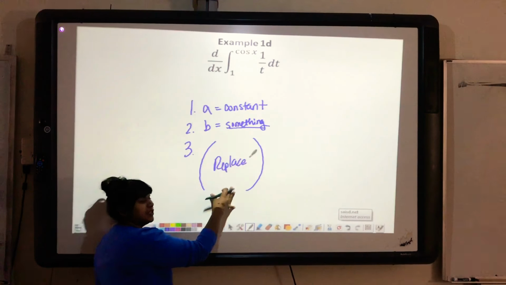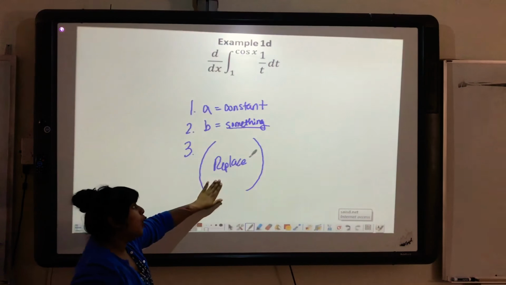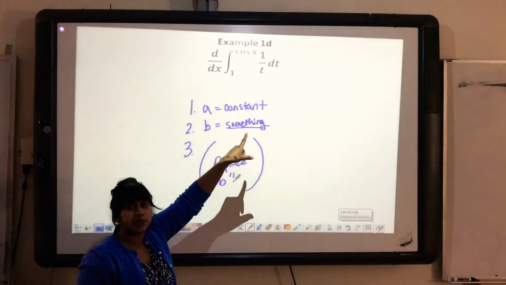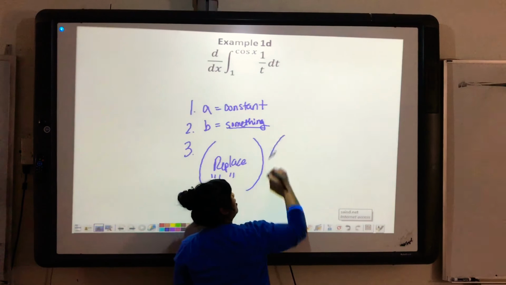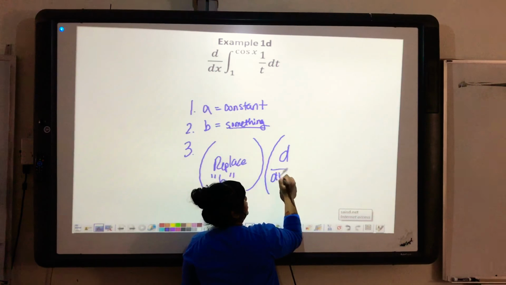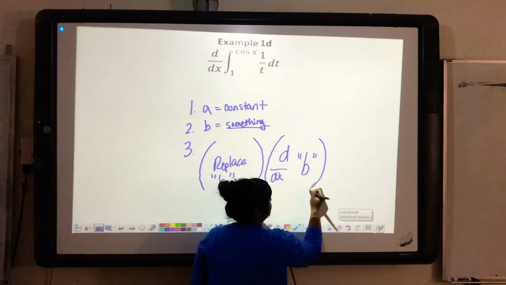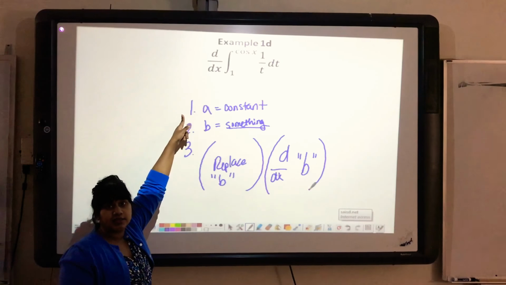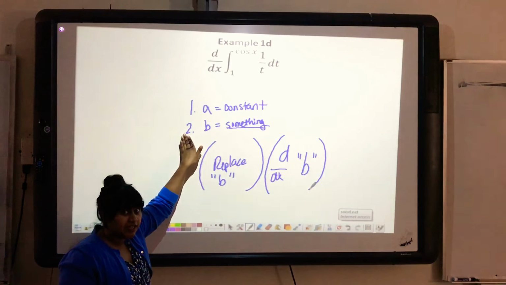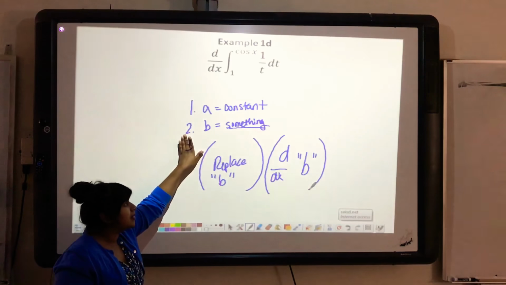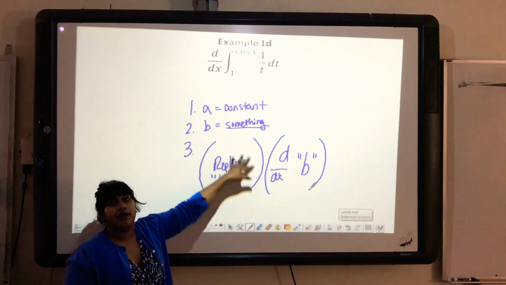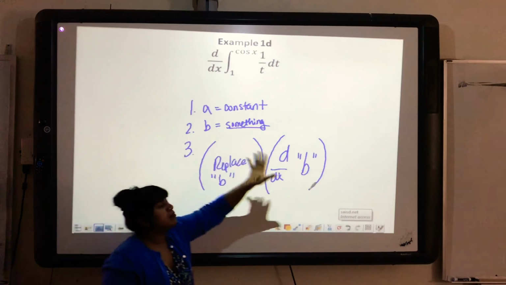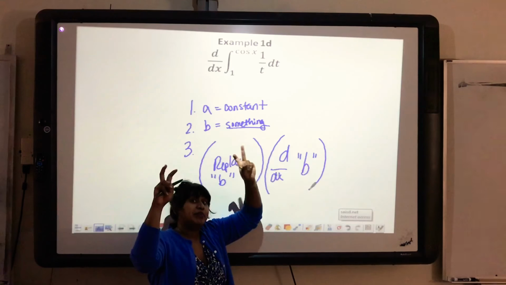We're still going to replace whatever B is for our variables in our function. But then we're going to multiply by the derivative of whatever that B value was. So we do our double checklist with this. Is A a constant? Yes. Is B something besides x that we do need to replace and is not a constant? Then we can use this. We go ahead and replace just exactly as we've been doing before, but now we're going to multiply by the derivative of whatever B is.